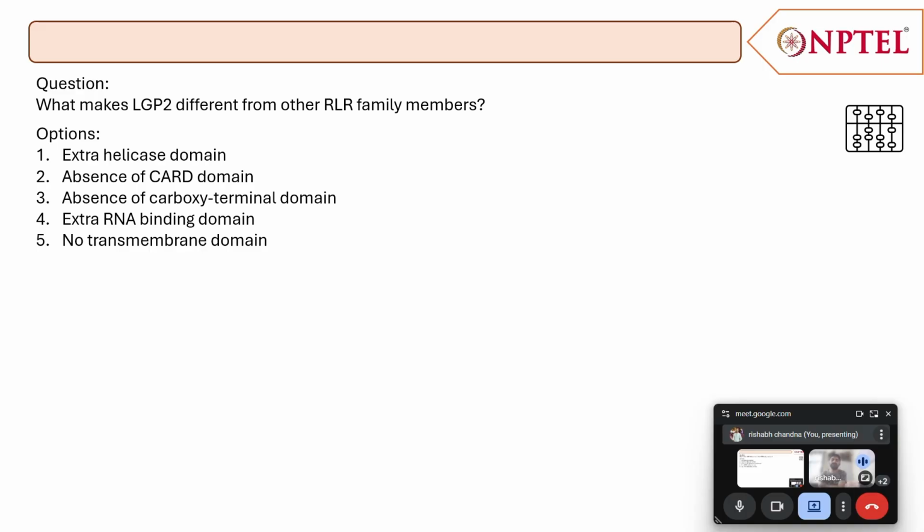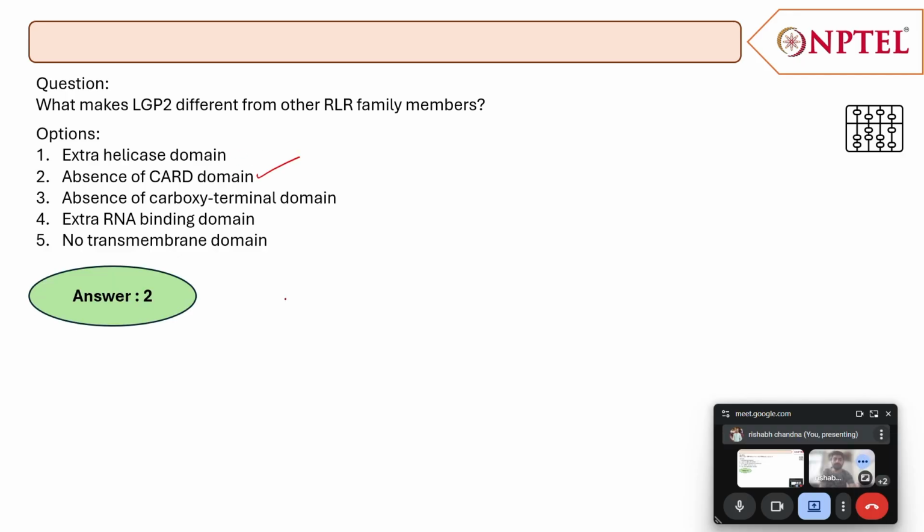So, what makes LGP2 different from other RLR family members? So, what can be the correct answer? So, yes, the correct answer is the CARD domain.